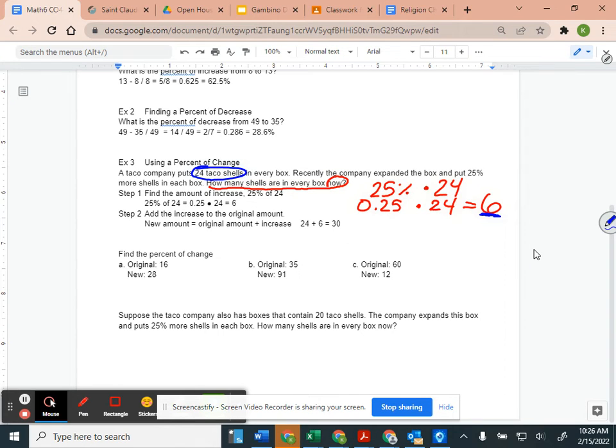We started with 24 and we added 6 more. Increase means add. It increased by 6. That's why we add 6 to it, because that is the increase. What we found here is our increase, so we have to add that to the original amount.